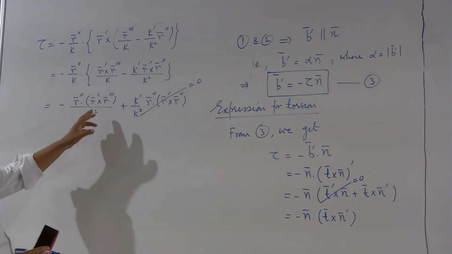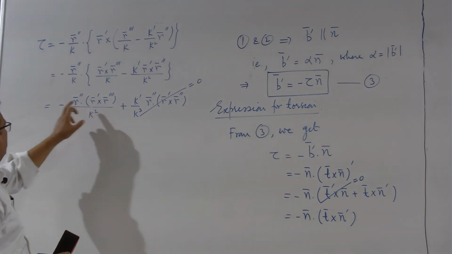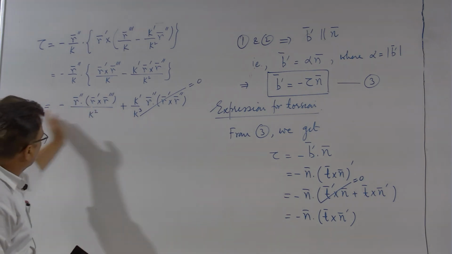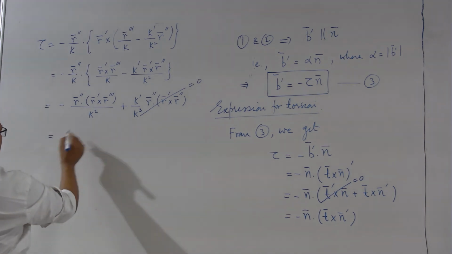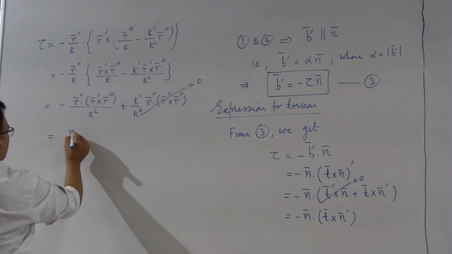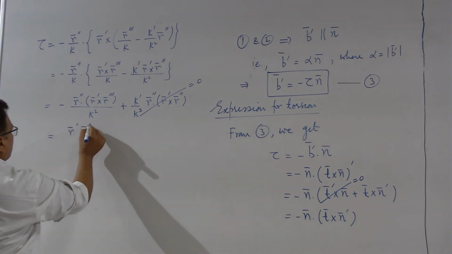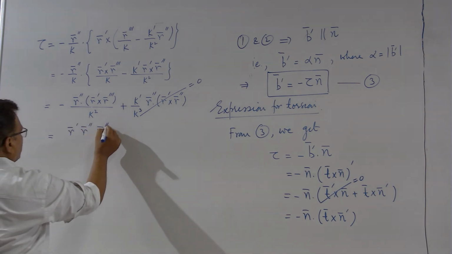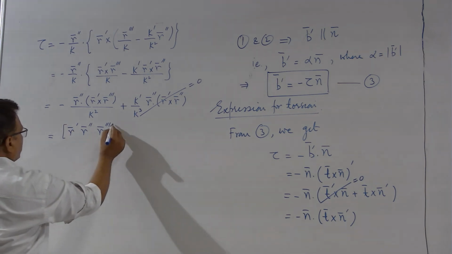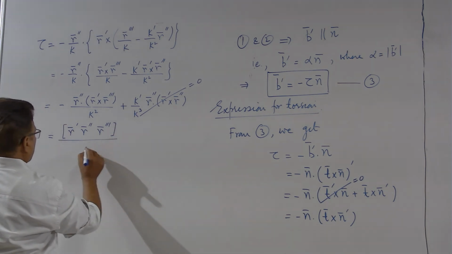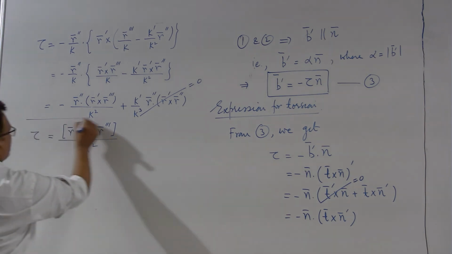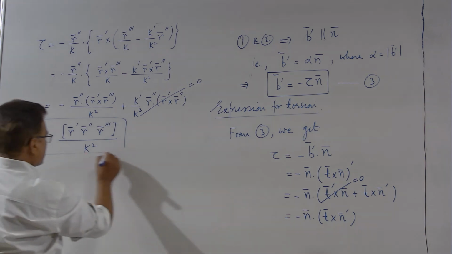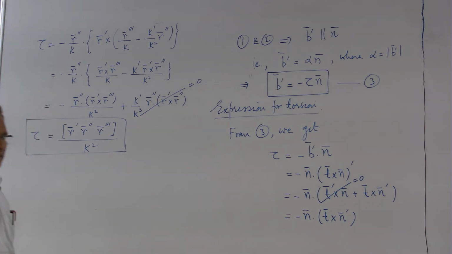Now, you just reverse the order here. So, the minus sign will go off and things will be in cyclic order. So, I can rewrite this as the scalar triple product of r dash, r double dash, r triple dash, and this whole thing is divided by k square, and this is tau. So, this is an expression for torsion in terms of the derivatives of r.